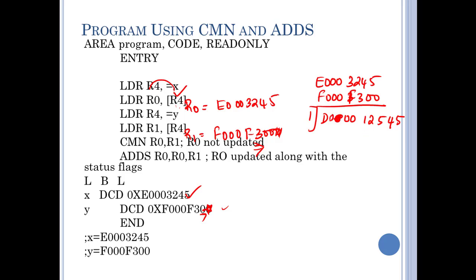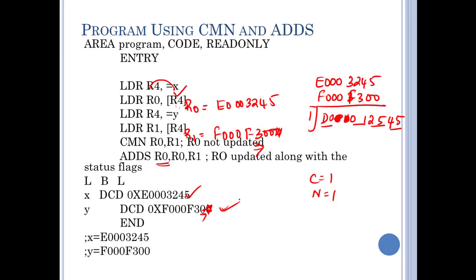D0 first one, 01 second one, 25 third one, and 45 will be the fourth byte. This will be there in your R0 updated. And which flags will be affected? Carry flag will be 1 and the negative flag will be 1, because this is the greatest number. Compare is equal to subtraction, negated subtraction.